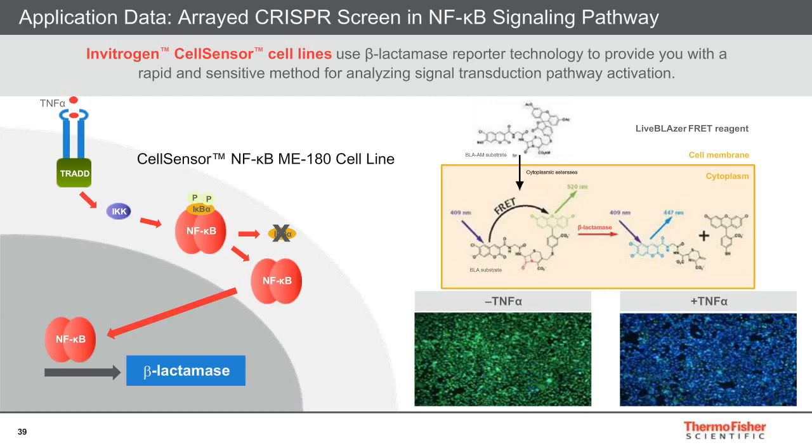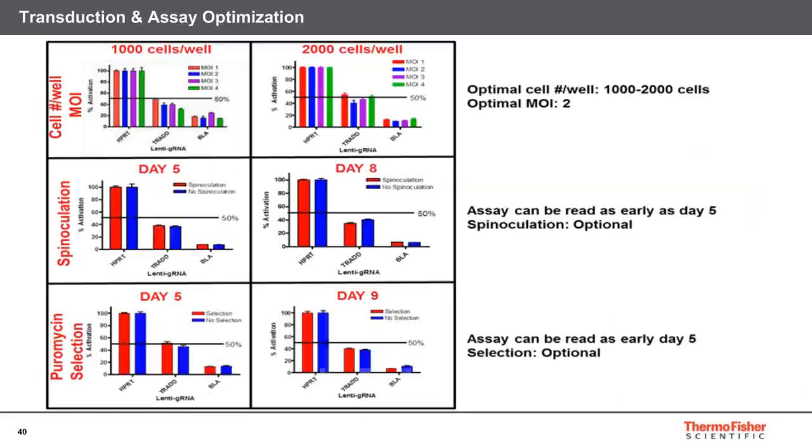So essentially green cells means no activation of the pathway, but when beta-lactamase is present due to activation of the pathway, it cleaves the beta-lactam ring in this substrate, and because the ring is cleaved, when you excite the substrate at 409, it emits in the blue range. So essentially blue cells means the pathway is active. So in the next few slides, you should remember that green is pathway not activated, and blue is pathway activated. And we look at the blue-green ratio for further analysis.